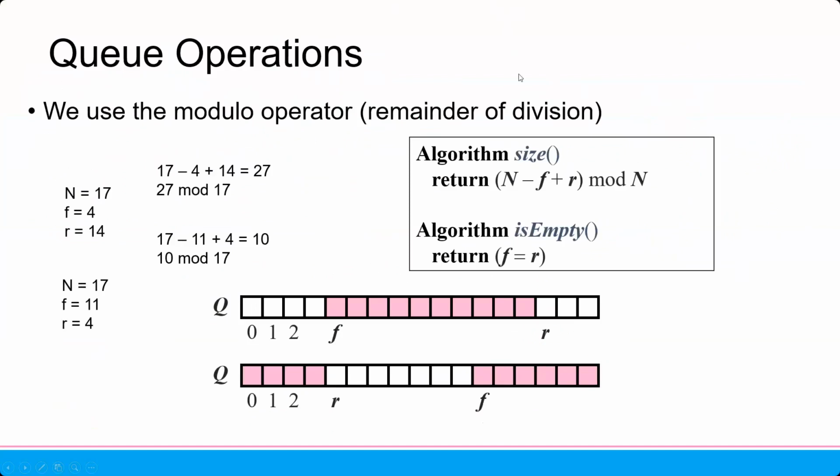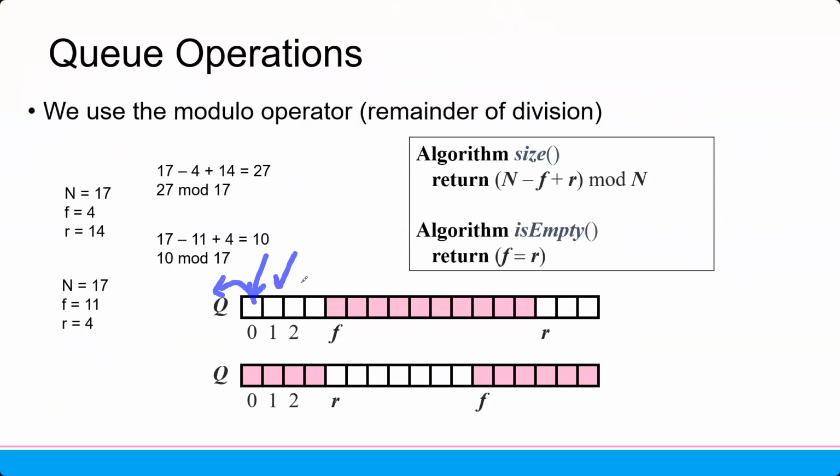That's why, whenever we want to know the size, let's say now there is one element in index 0, one element in index 1, one element in index 2, and so on. Then for the element in index 0, we dequeue, or remove it.